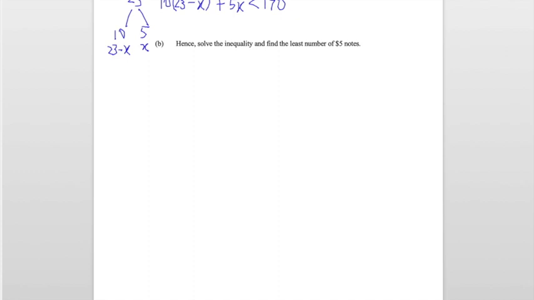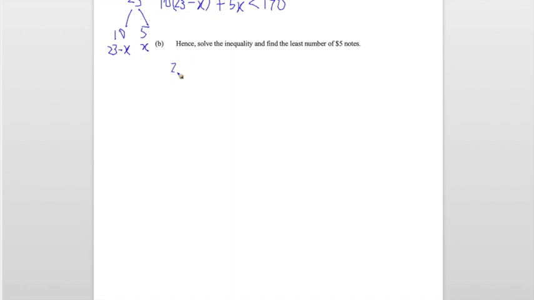Now we are ready to solve the equation. Solving an inequality is similar to solving an equation. So now we have to multiply this out.